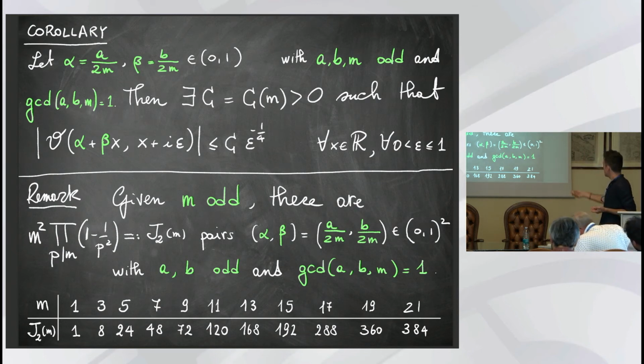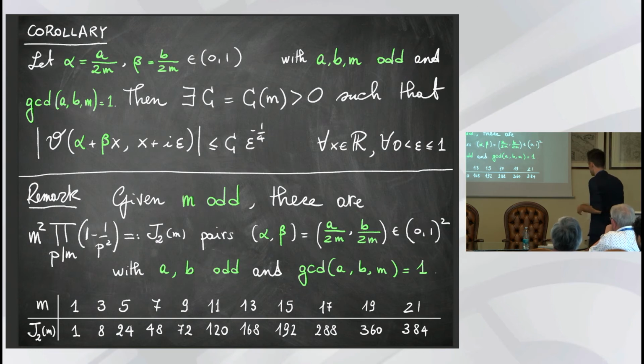This set of parameters, alpha and beta, that we describe in this corollary, you may think, is it very rare for this to happen? Is it very exceptional? Well, how can we measure that? If you look at the possible rational pairs with denominator equal to 2m in the torus, there will be 2m squared of them, so there will be 4m squared of them, and you can count how many of them actually satisfy our condition.